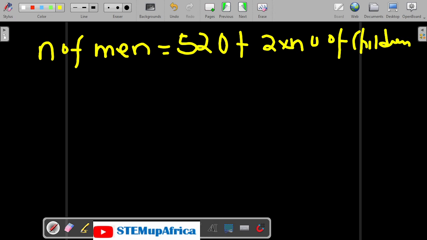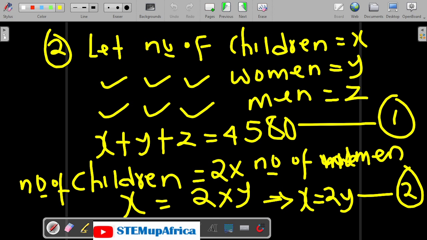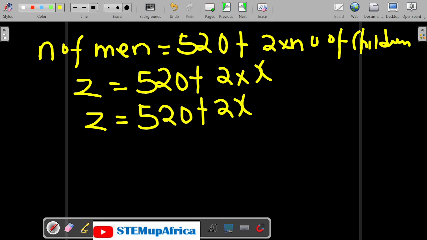So the number of men is z, which is 520 plus 2 times the number of children. The number of children is x, so 2 times x. So my z is now 520 plus 2x. Let's call this equation 3.